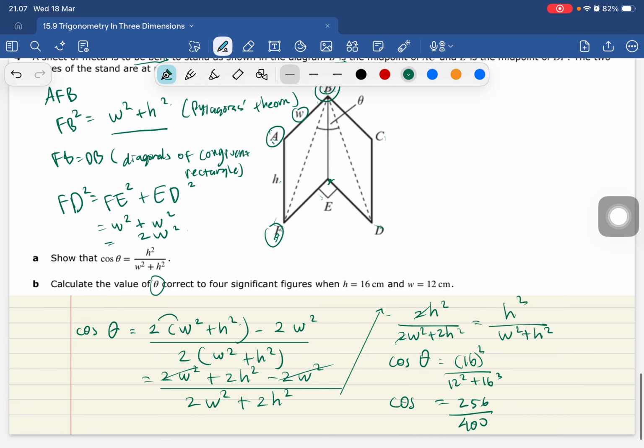So cos theta equals 256 over 400, so we can use cos to the power of negative 1. We got theta equal to cos inverse of 256 divided by 400. Okay, then we got theta is 50.21 degree. Yeah, there it is. Thank you.